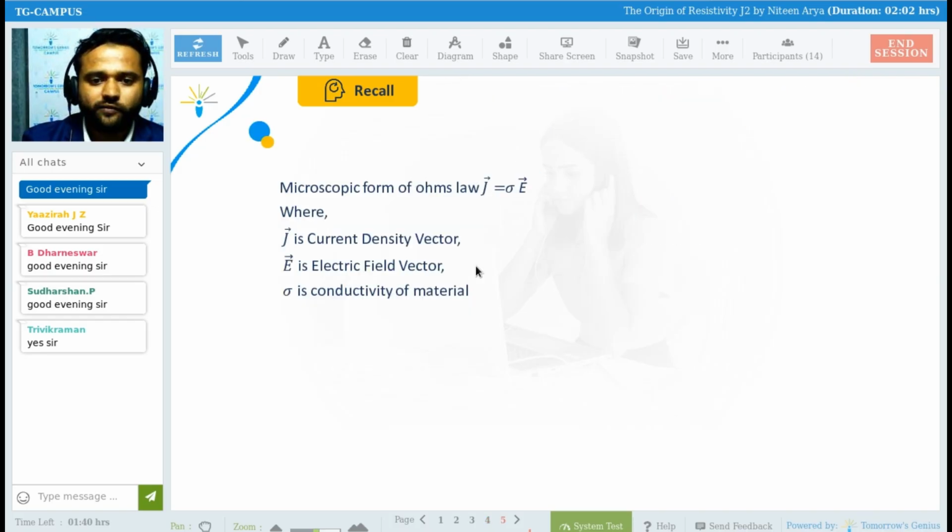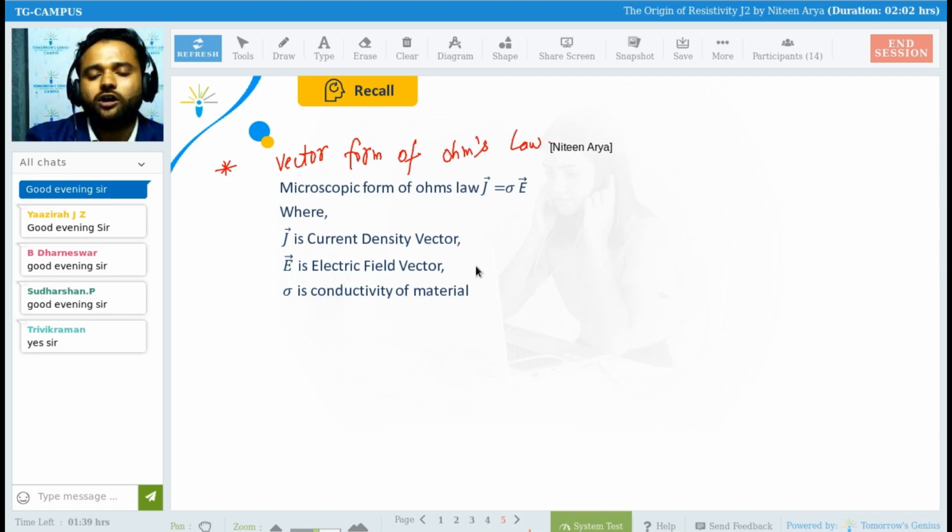Moving ahead, this is the microscopic form of Ohm's law, or you can also write it as the vector form of Ohm's law. In the previous class, we defined how we can get it. J equals sigma E, where J is the current density. J you can write as I by A. This is your current density.